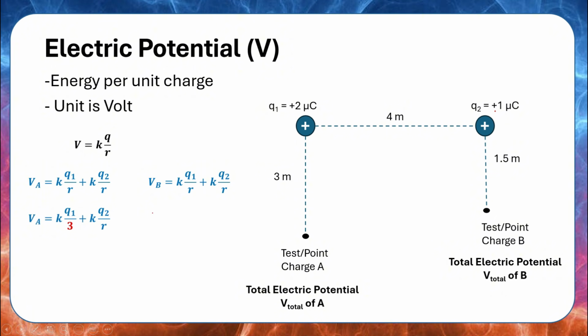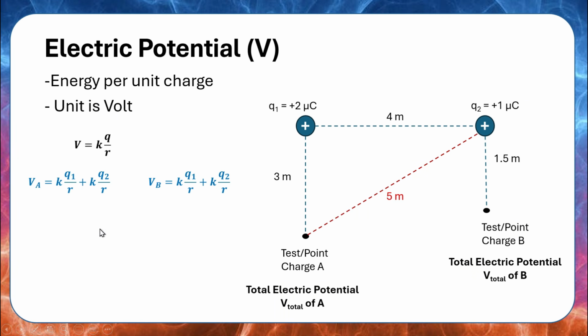And how do we get that? Of course, we're going to use the Pythagorean theorem. With the Pythagorean theorem, we can get the value of this distance of Q2 from test charge A. By using the Pythagorean theorem, 3 squared plus 4 squared, add them up and then square root, and you get 5 meters for this distance.